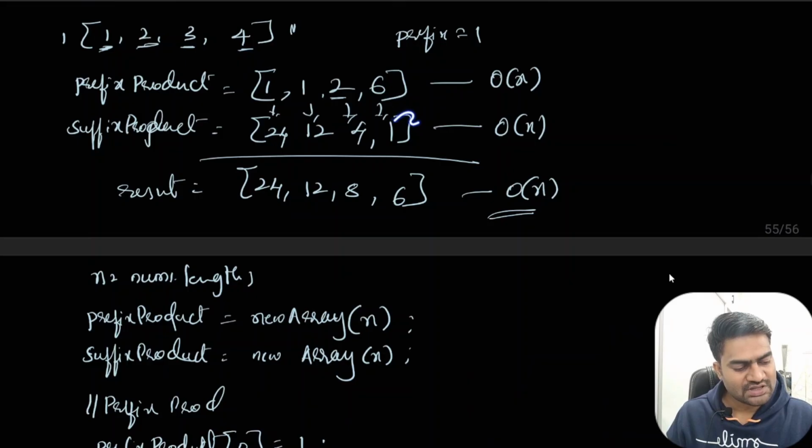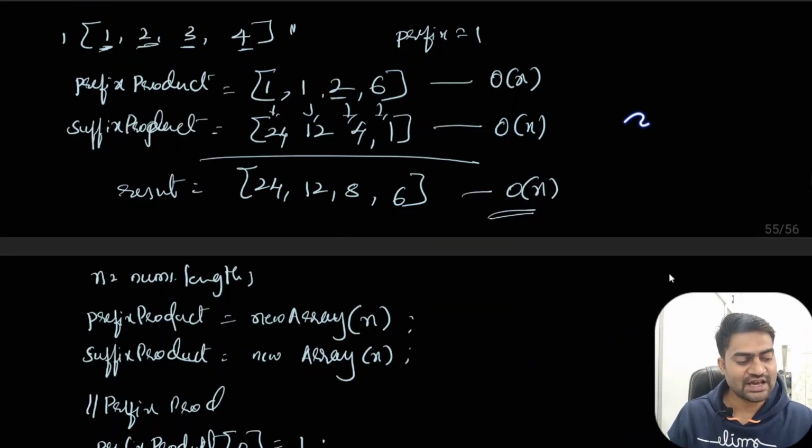So if you have found this particular value, simply multiply with this 6 and replace this value here. Then for the next value, you simply multiply this suffix product with this already found prefix product, then 12 with this prefix product. So if this is the case, we can simply avoid this particular loop.